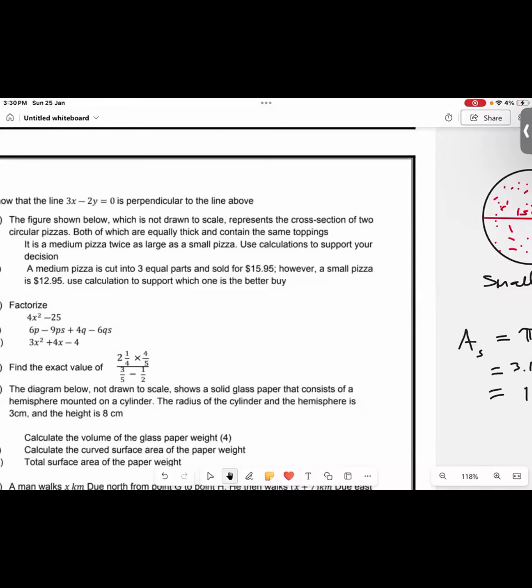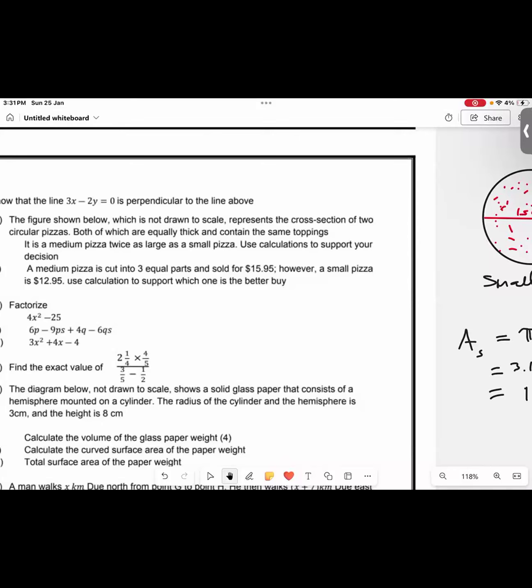Can you imagine going to Domino's or Pizza Hut, having your meal, and looking across the table, there's a young lady with a ruler and a pencil measuring the pizza to find out which one is big or small? Wouldn't that be a weird sight? It would be a weird sight. So this is just an example to show you that mathematics is applied even when you're having a nice meal.